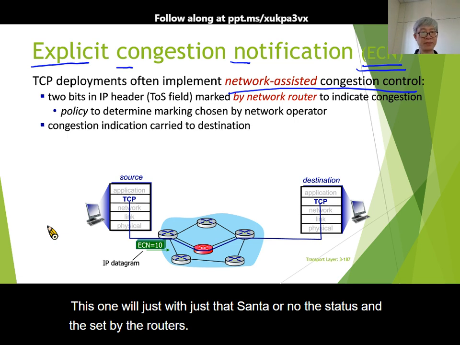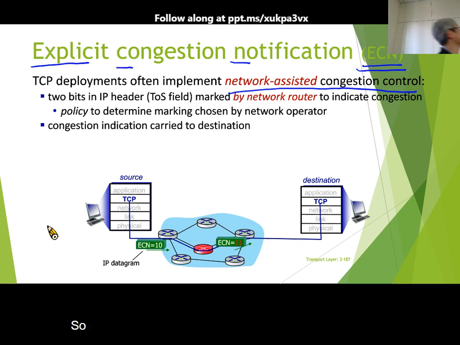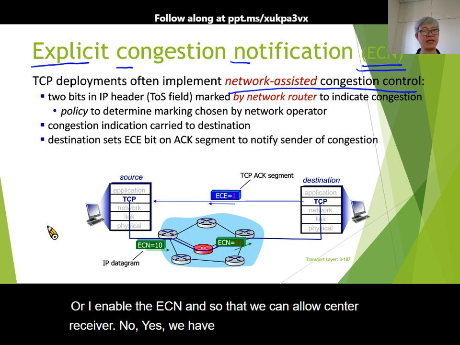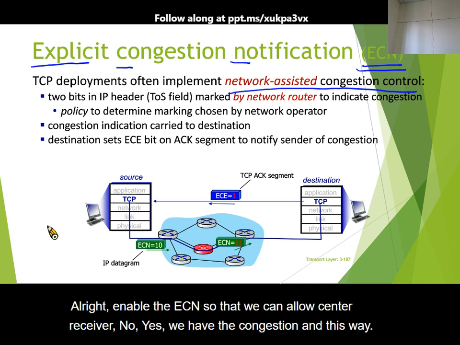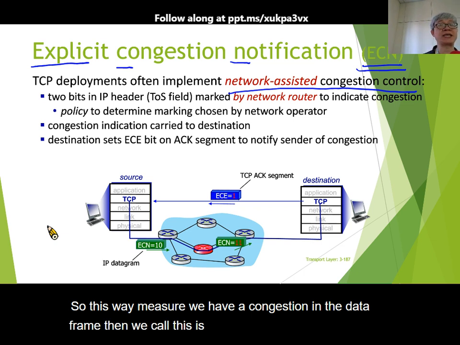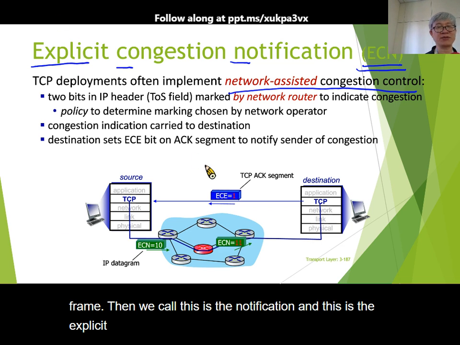So we can enable the ECN, which allows the sender and receiver to know that we have congestion. When we mention congestion in the datagram, this is the explicit congestion notification.